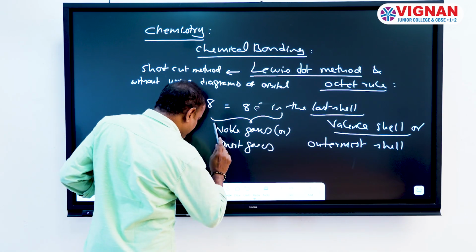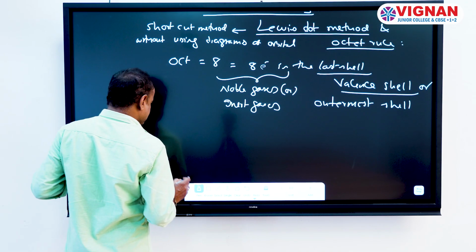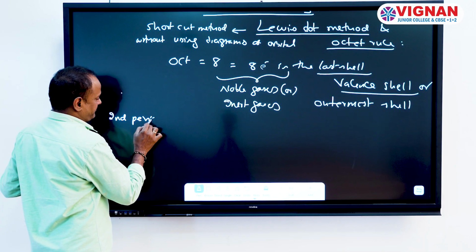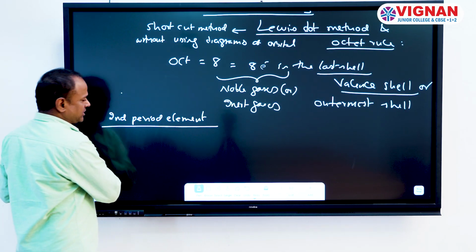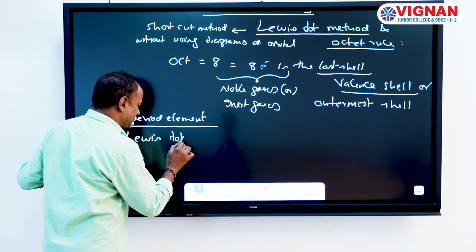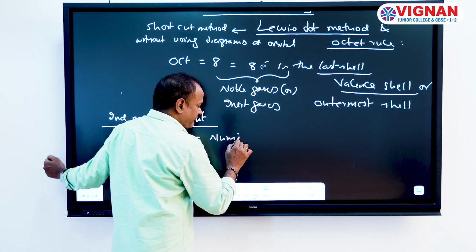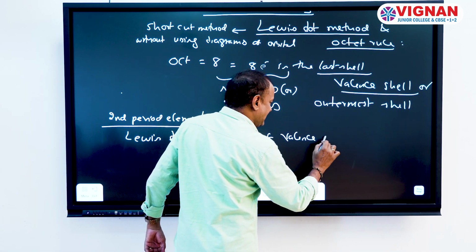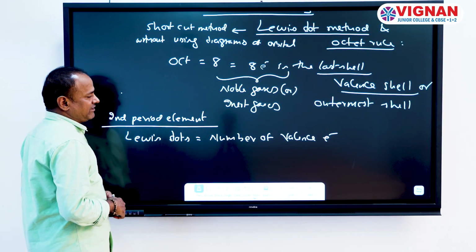First, what is the meaning of this dot method? Then we go to bond formation. First I will take second period elements. What is the Lewis dot method? The number of Lewis dots is equal to the number of valence electrons.